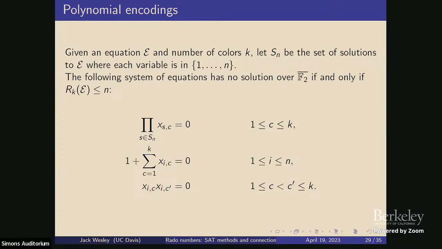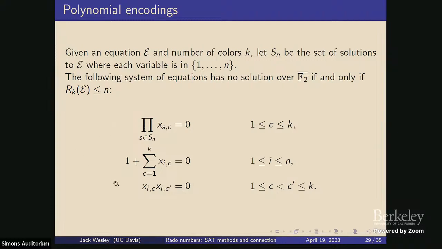This is an encoding over F2, or the algebraic closure, where we have the analog of positive, negative, and optional clauses again. Say this middle set of equations says that each variable 1 through n gets some color, and then this first set of monomials forbids monochromatic solutions.